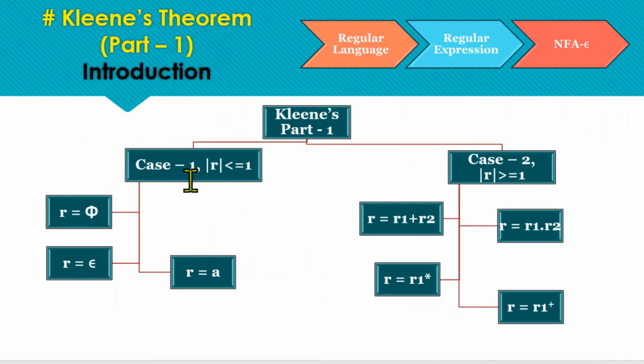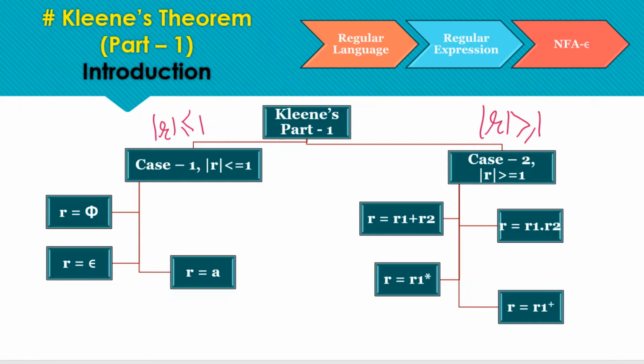Kleene's theorem has two parts that we covered briefly in the last lecture. For the first part, we have cases: if the length of the given regular expression is less than or equal to 1, we go with case 1. But if the length is greater than 1, we go with case 2.